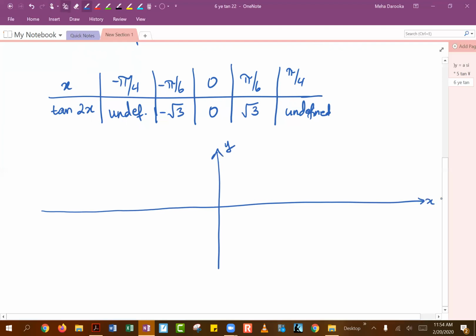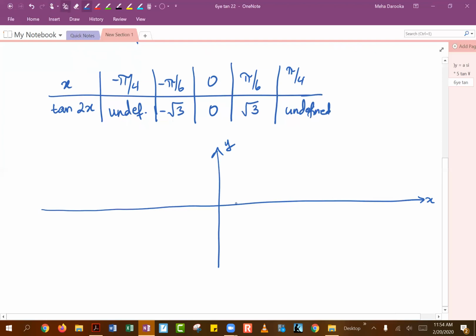So where will be our next set of asymptotes at? Three pi over 4? So it would be like a pi, 4 pi, so it would be 5 pi over 4.